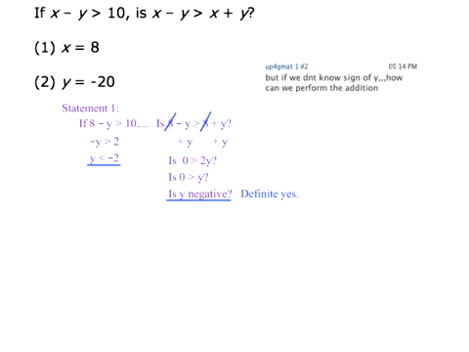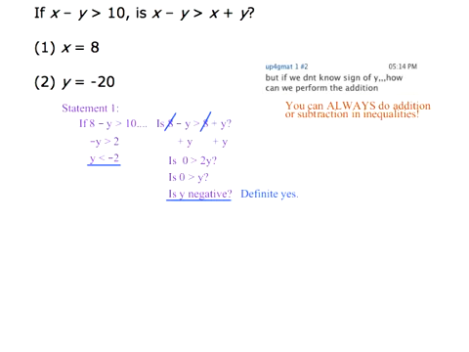The answer is that addition and subtraction you can always do, right? The thing that you're thinking about is when you multiply or divide things. That's when the whole sign flip thing might happen. But you can always do addition or subtraction in an inequality.